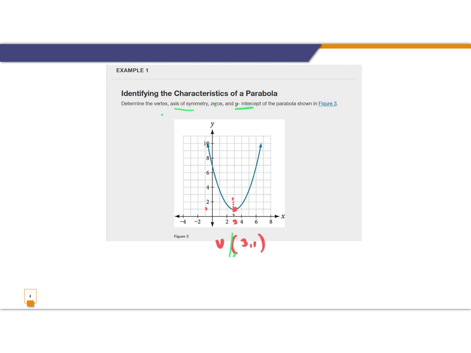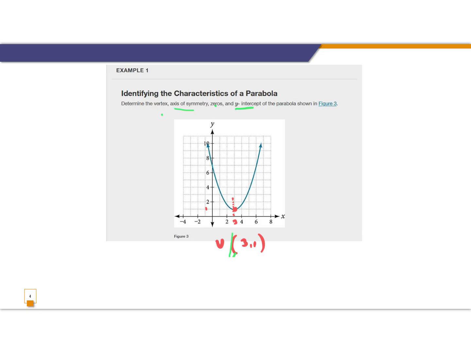And then let's talk about the y-intercept. The y-intercept crosses the y-axis, and it looks like about here, I think. Or maybe if I zoom in, I can see it more. It's my blasted eyesight.